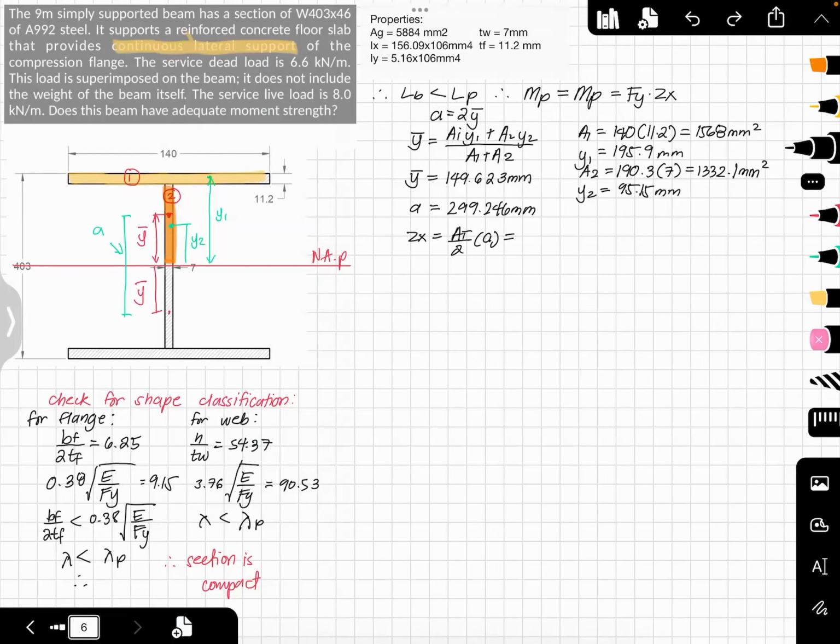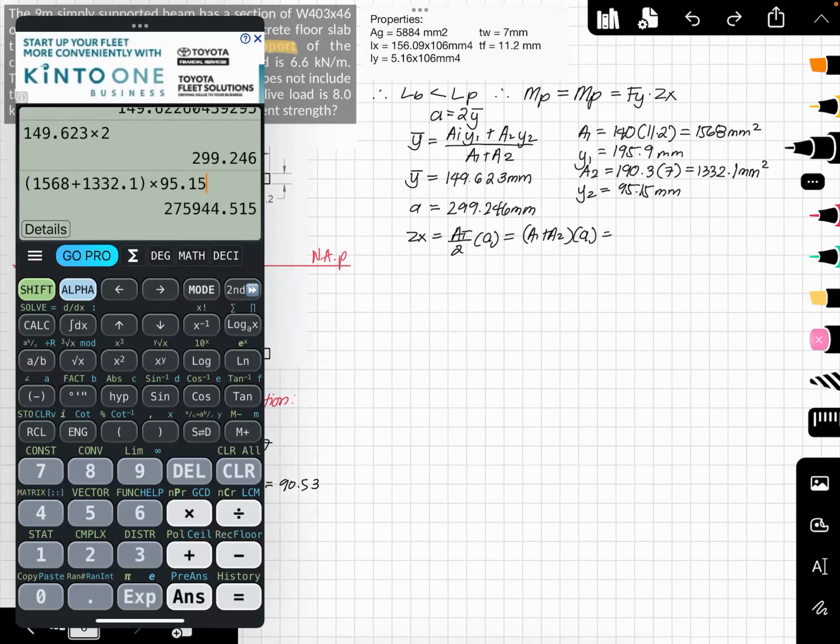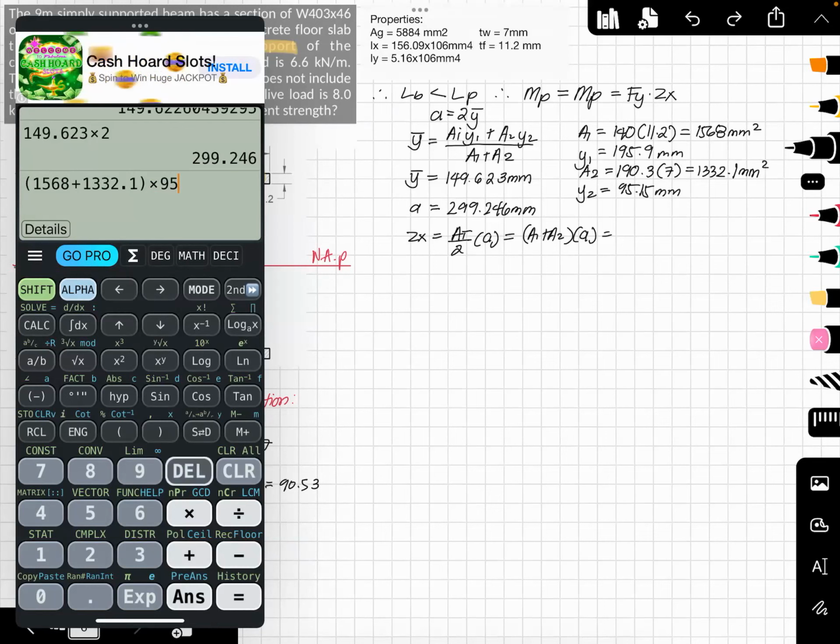So we have area 1 plus area 2 times A. So direct substitution, we have 1568 plus 1332.1 times A. Ay, sorry, ang A pala is 299.246.